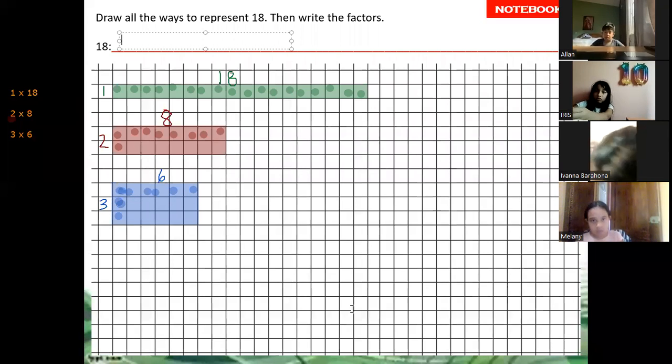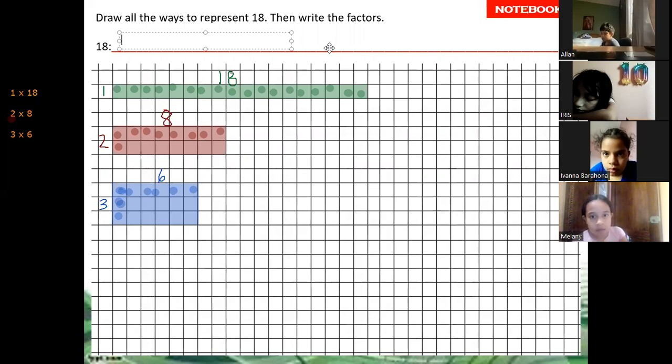Now, factors here at the top. What are the factors? Remember, factors from least to greatest. What is the first factor? We're working with this one. What is the first factor? 1, 18. Then 2, 9.